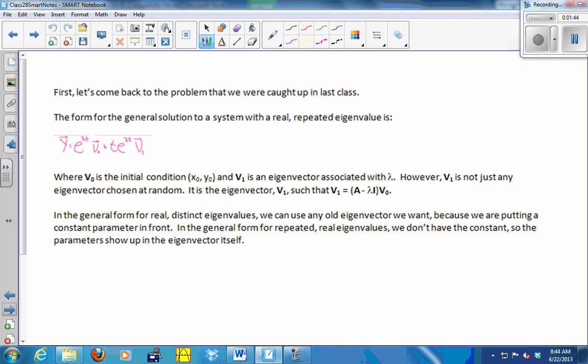So it's really the k1 or k2 times your eigenvector. But in the general form, we don't have those parameters, the k1 and the k2, for the repeated eigenvalue. So the parameters show up in the eigenvector itself in the form of x naught and y naught. The initial conditions play the role of the parameters k1 and k2.